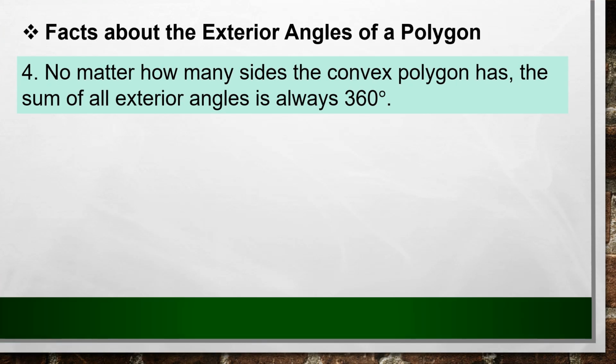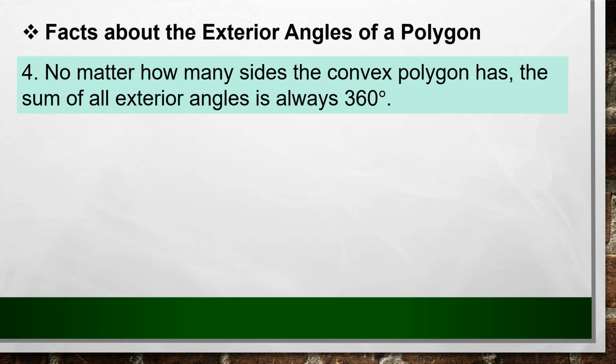Okay, let's go to the second to the last example. So this one, in number 4: no matter how many sides the convex polygon has, the sum of all exterior angles is always 360 degrees. Now this is very important. This is different from the sum of the interior angles. The sum of the interior angles is not the same for all polygons.